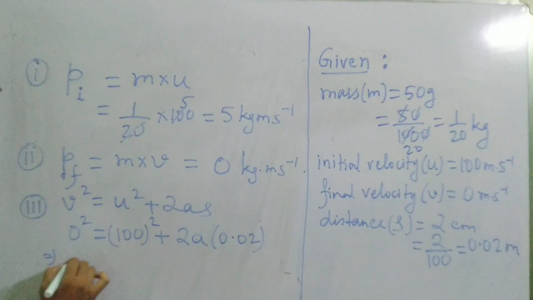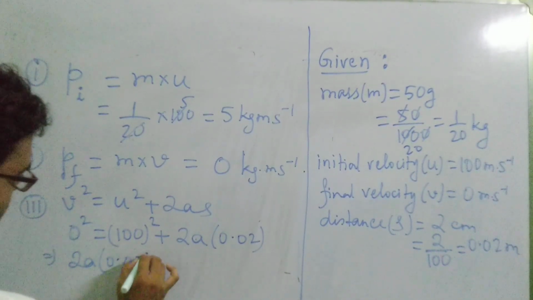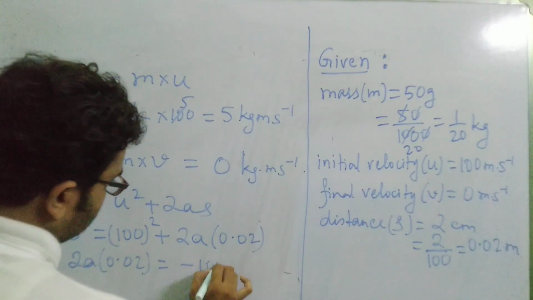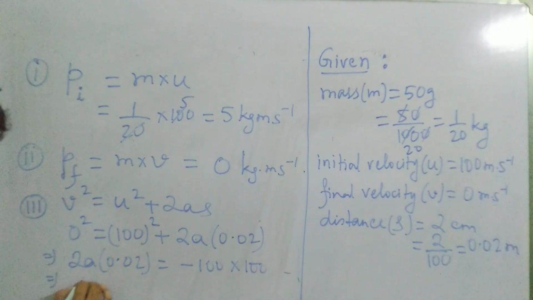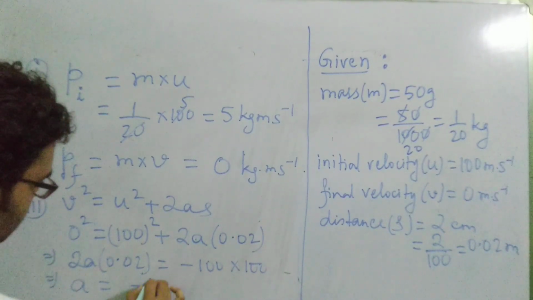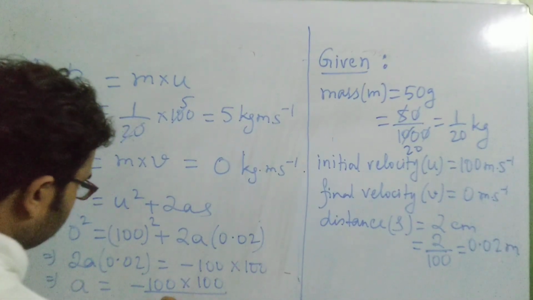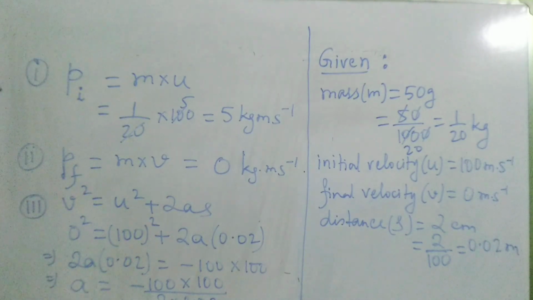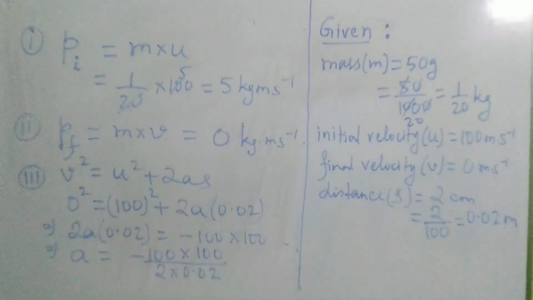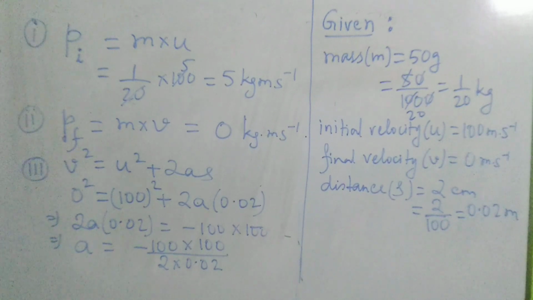So this turns out to be 2a into 0.02 equals minus 100 square. Then a will be equal to minus 100 square by 2 into 0.02. So I think you can do the rest of the calculation. You will get the answer. So we have already obtained the retardation.